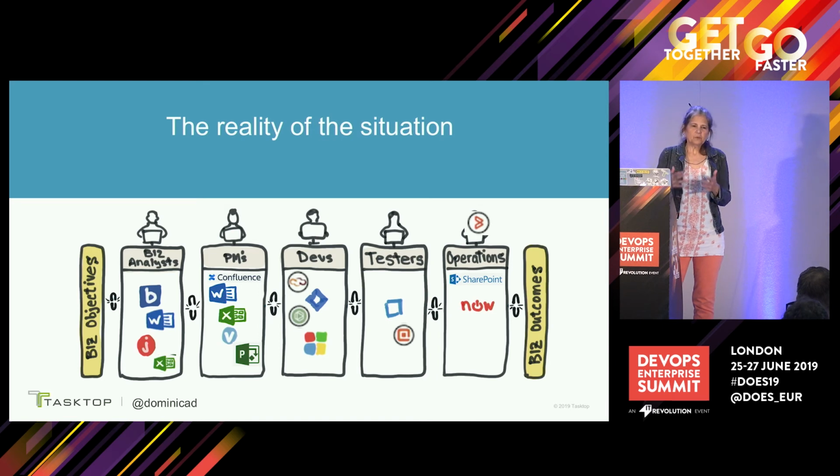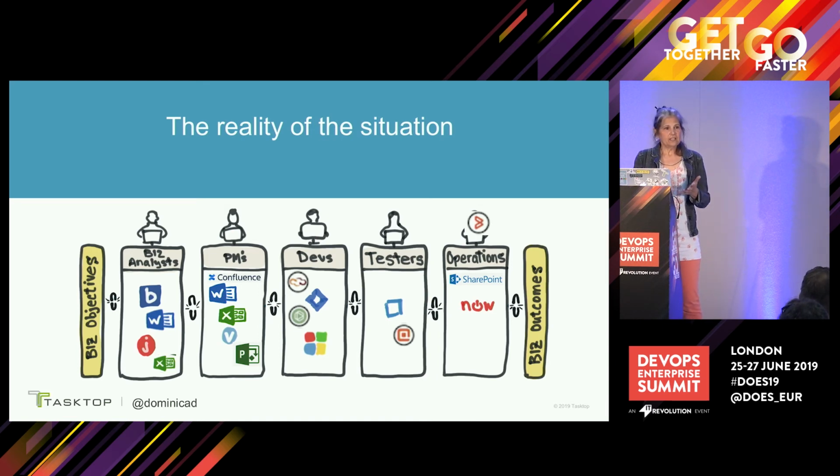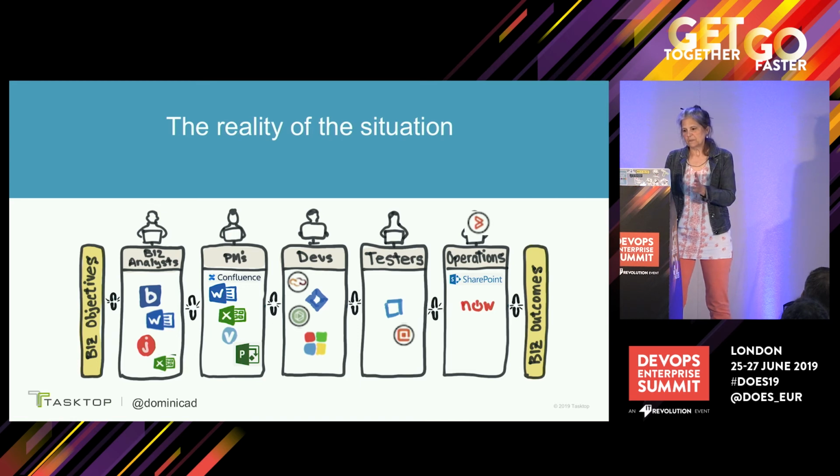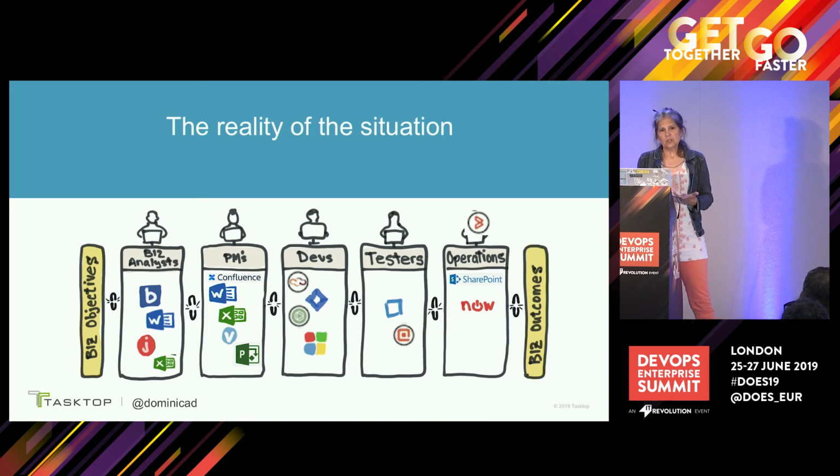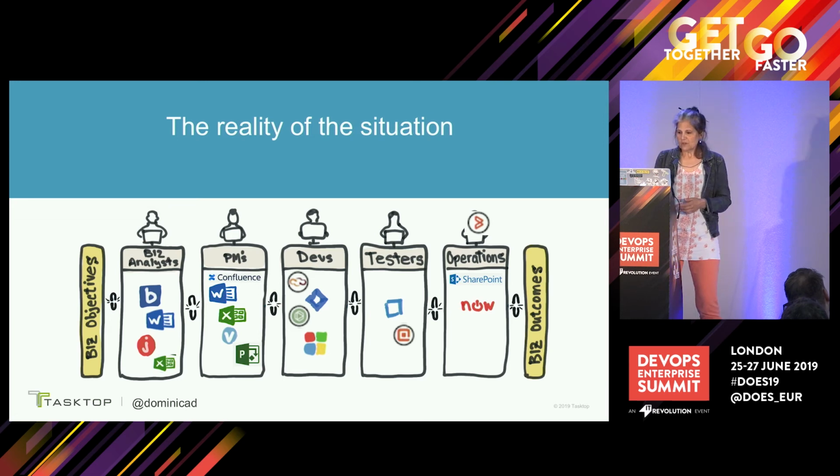But the reality of the situation is that people are working with their team in their tool of choice, and each team is using a different tool, and there's a lack of integration. Right? So people have different views of the world. If I'm in service management, my view of the world might be in something like ServiceNow. If I'm in quality management, it might be in Quality Center. If I'm in portfolio management, it's going to be in something like Planview.